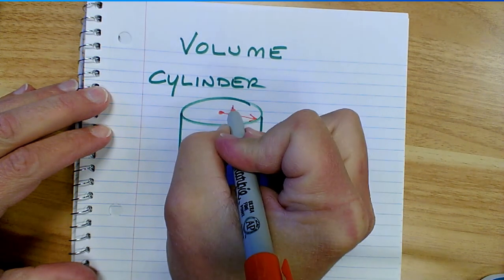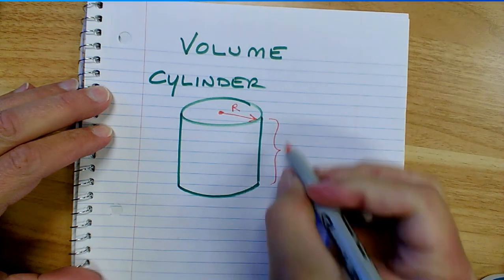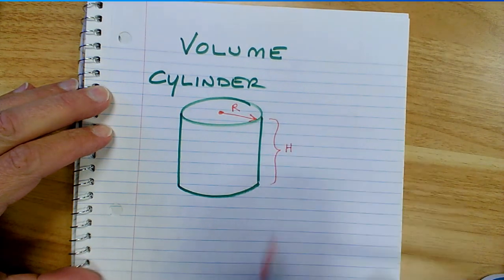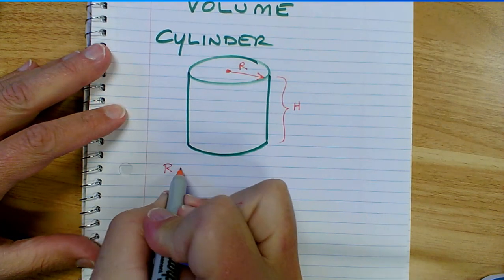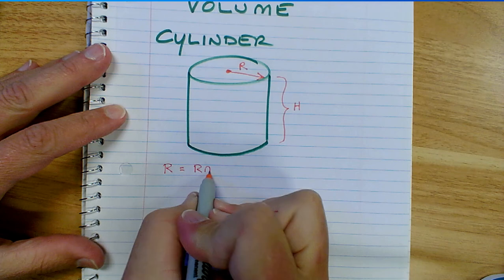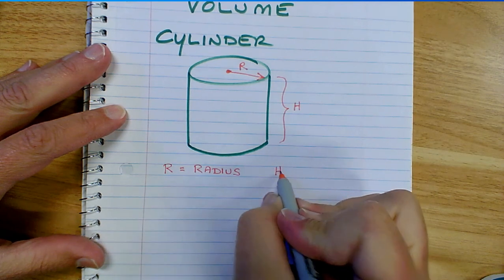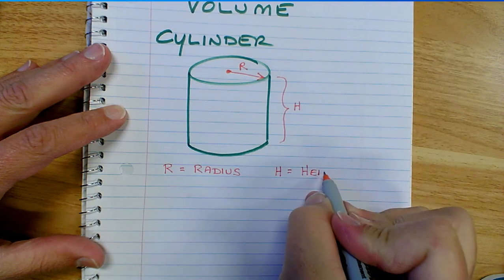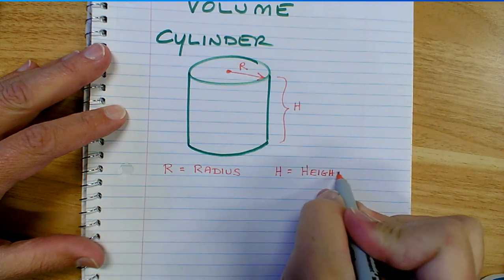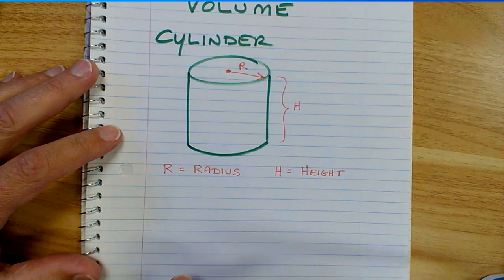We're going to need the R, which stands for the radius, and the H, which stands for the height. R equals radius. H equals height.